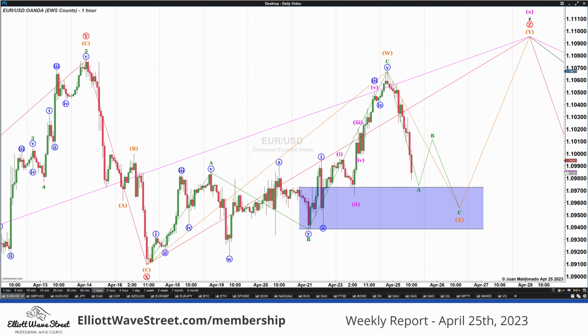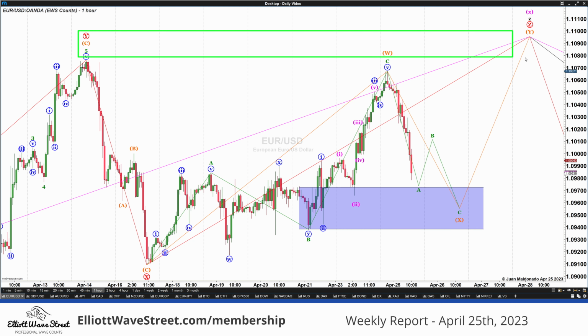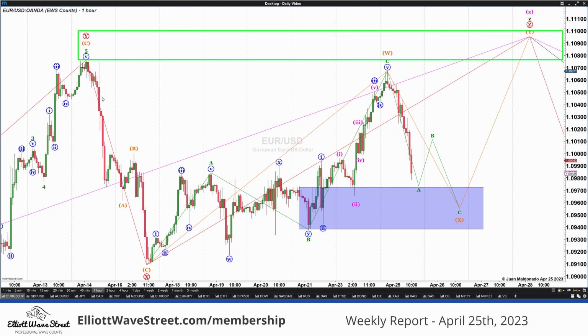Let's start with the euro. This week, our main plan for the euro is having the price coming back into this area. Here, we are having a liquidity area with stops. Those who are short that have their stop there, we can also have here the liquidity of the market.